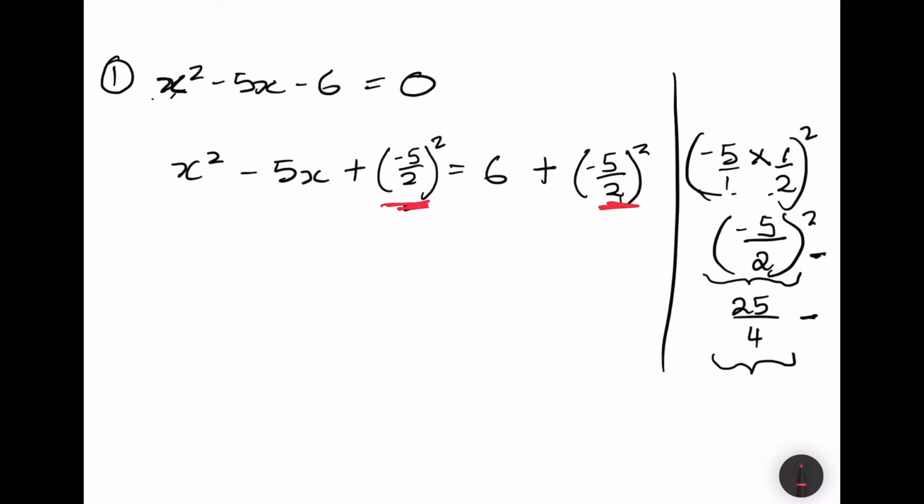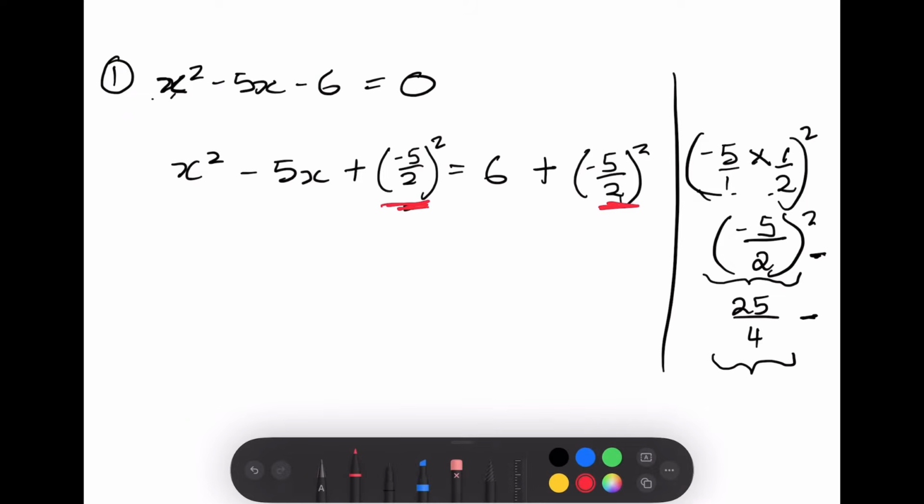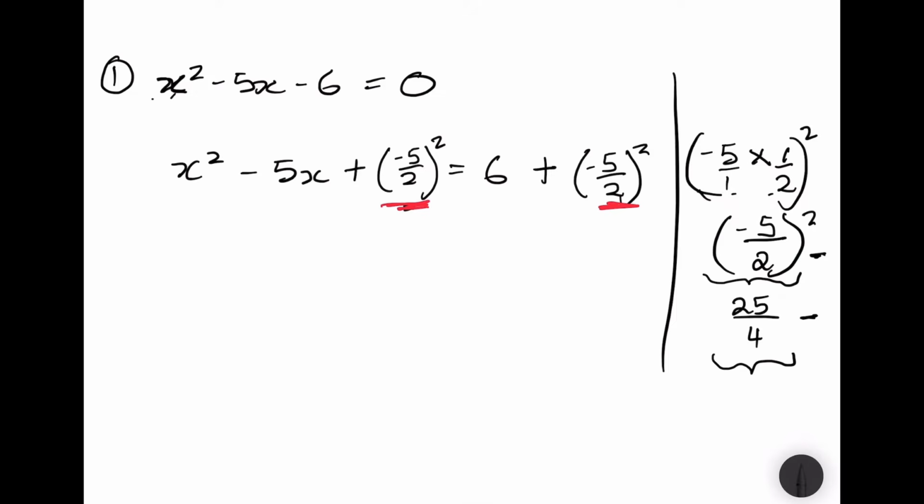Now, then what I'm going to do is open a bracket. Remember, I've added something that wasn't there, right? So I'm going to have x minus 5 over 2.